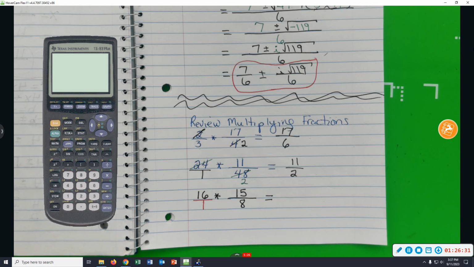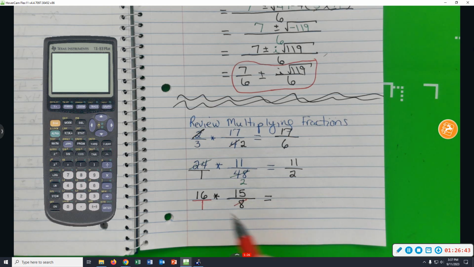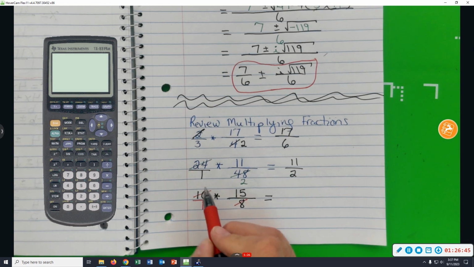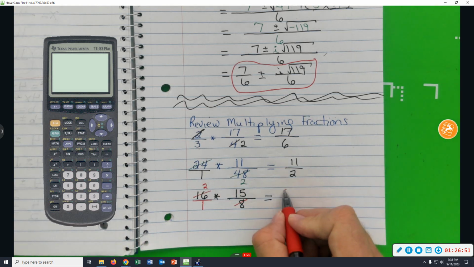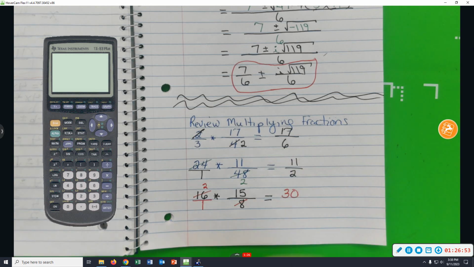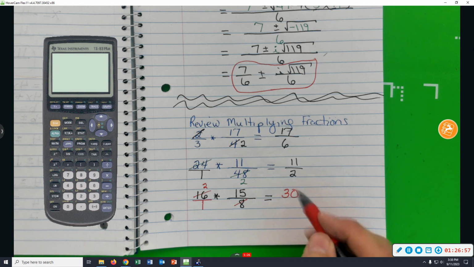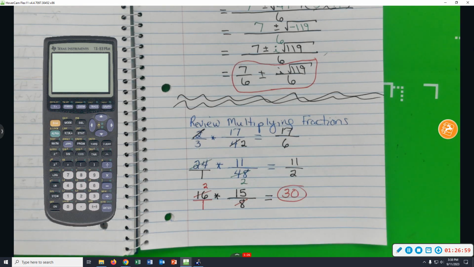And if so, am I going to have a fraction or just a whole number as my answer? Well, okay, so can I do the cross-canceling? Yeah, so 8 goes into 16 2 times. I'm multiplying straight across. I have 30 over 1. Do I need to write the over 1? No, so it's just a whole number, 30.